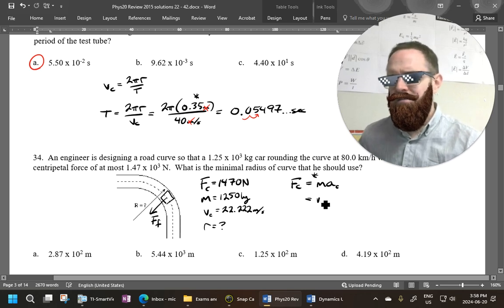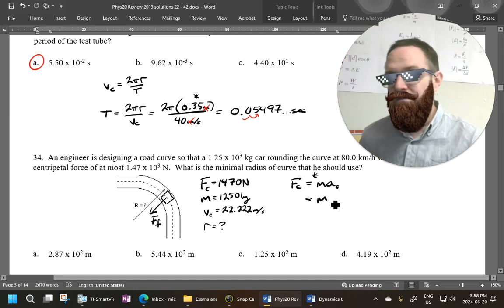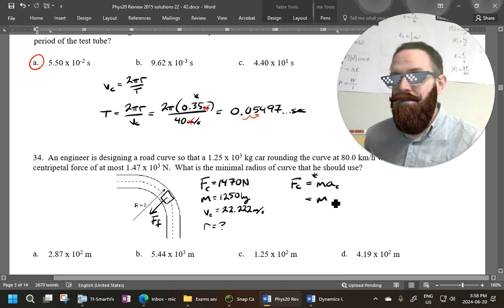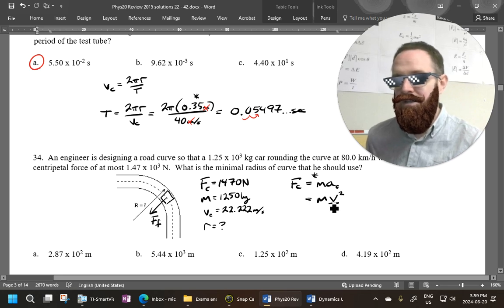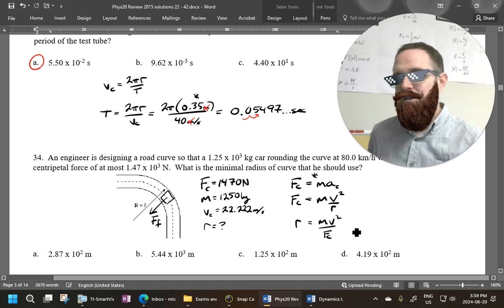So we got mass times AC, and AC, from our formula sheet, is one of two things. It's either V squared over R, or it's equal to 2 pi squared R over T squared. We're looking for R, and we have V. So we're going to use the V squared over R version of that formula, times the R up, divide the FC down. So we're doing a little swap there, and there we go.